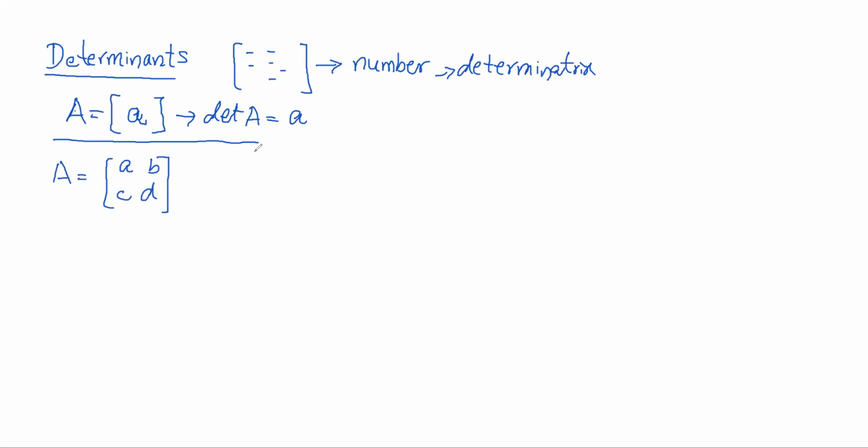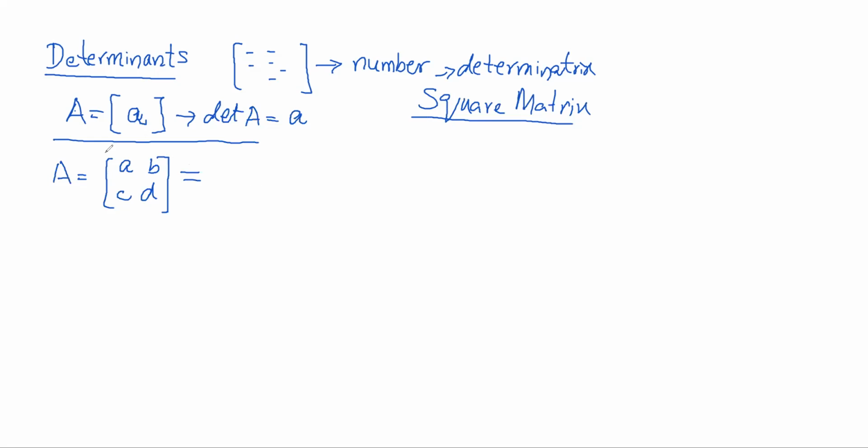Remember that we can calculate the determinant only for a square matrix. Any other matrix which is not square, we cannot calculate the determinant. So determinants are only for square matrices. The determinant of a 2 by 2 matrix is represented by this.